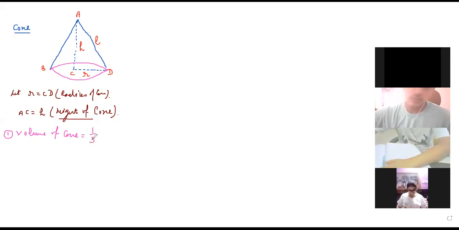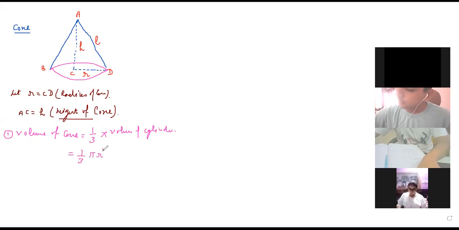This is 1/3 of the volume of the cylinder, 1/3 pi r square h. Here r is the radius, h is the height of the cone.